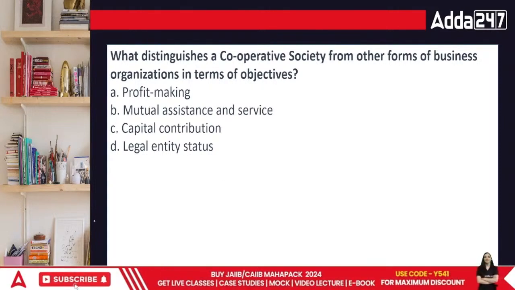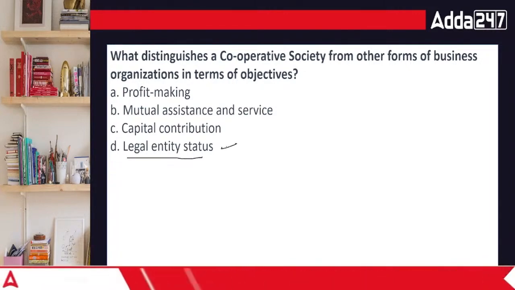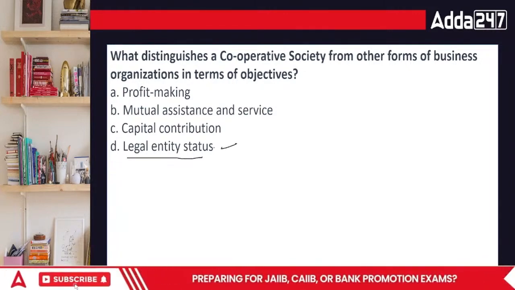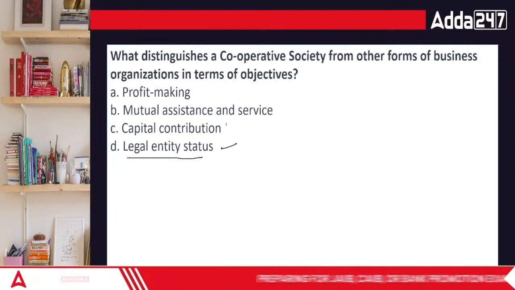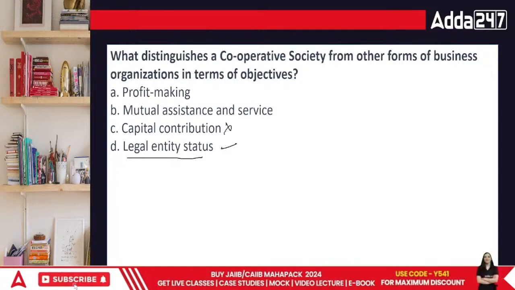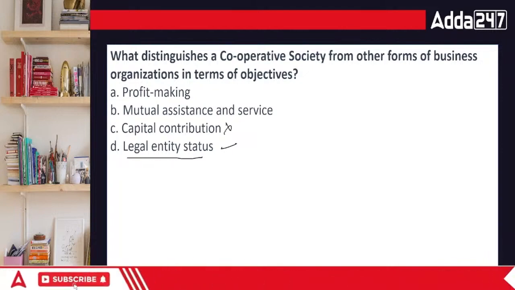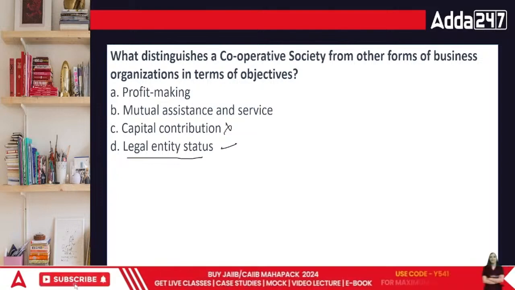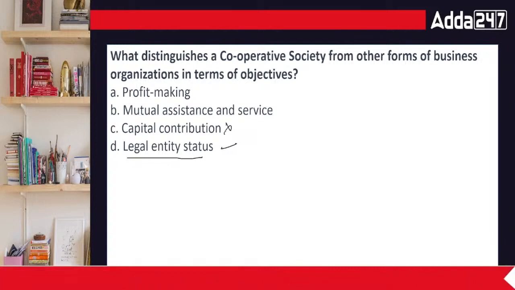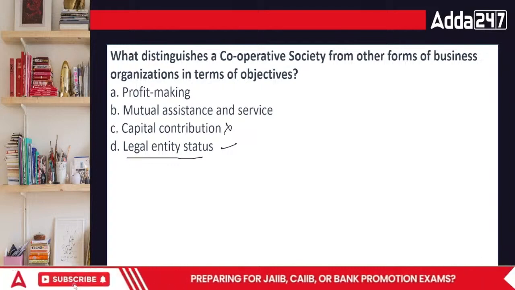Legal entity, well, legal entity is also there. Cooperative societies are covered under the Cooperatives Act, so this is also following it. Capital contribution is not the point. Profit making, normally cooperative societies are working for upliftment. They are for the benefit of people, farmers, the general public. They make the societies for people belonging to a specific group, for example, LIC made it for their employees.